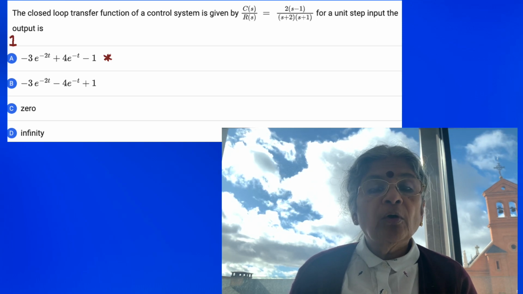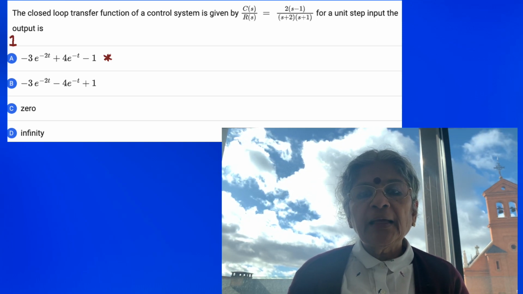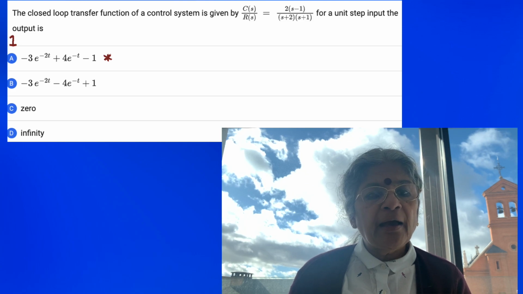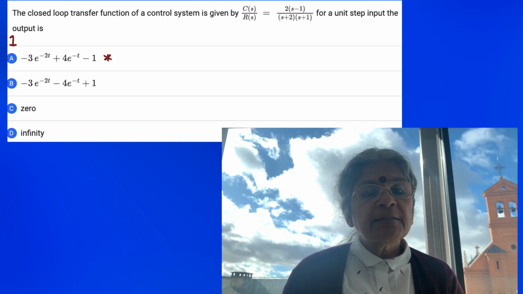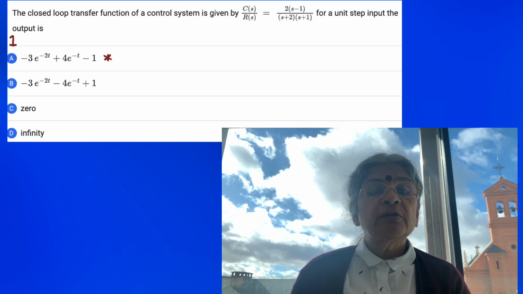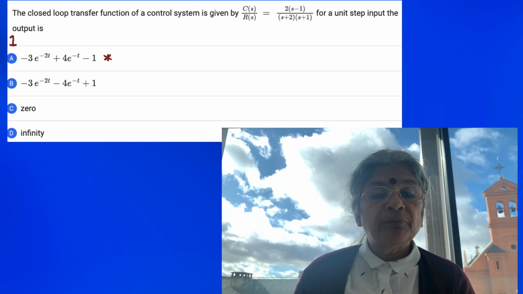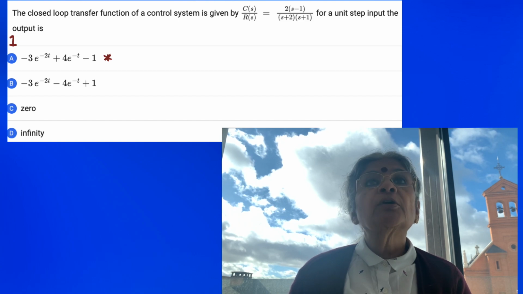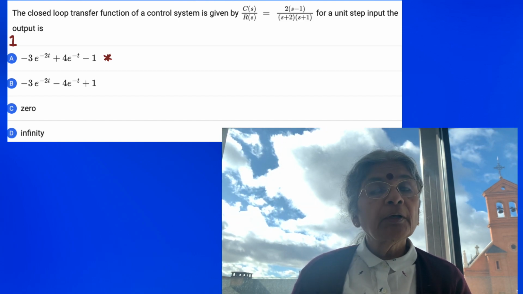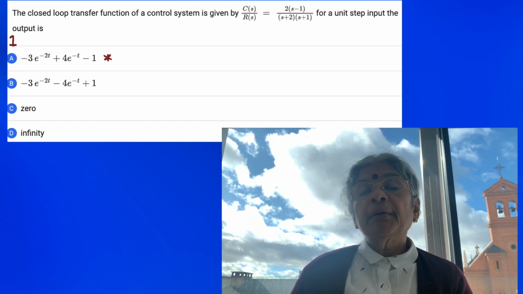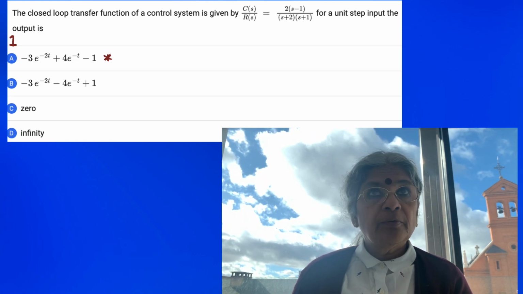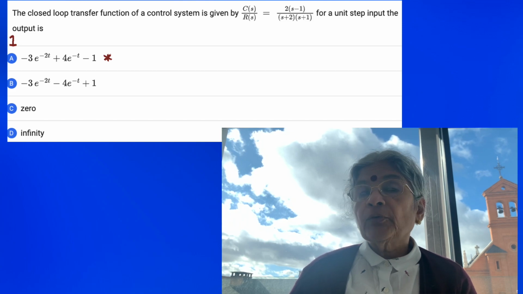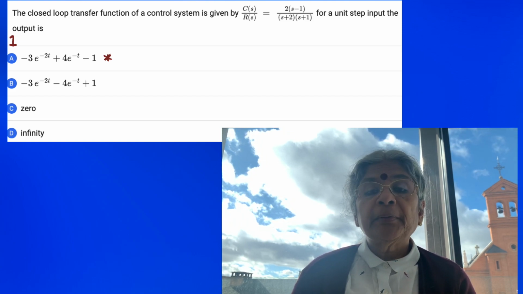So now we see that for e raised to minus 2t, the coefficients are the same, minus 3. For e raised to minus t we have two different coefficients, one is 4, the other is minus 4, and then the constant. The constant is given by the term K/s. So let's estimate K as the residue associated with 1/s.